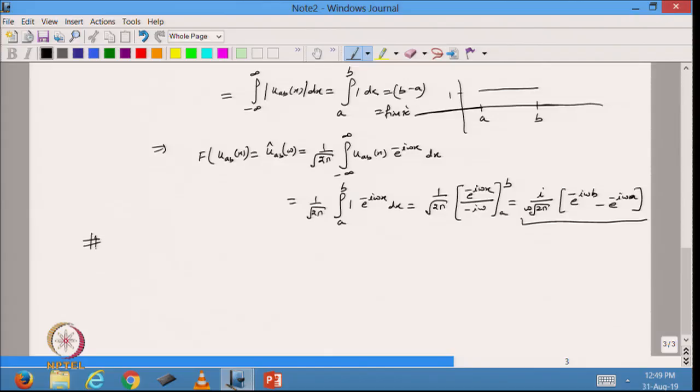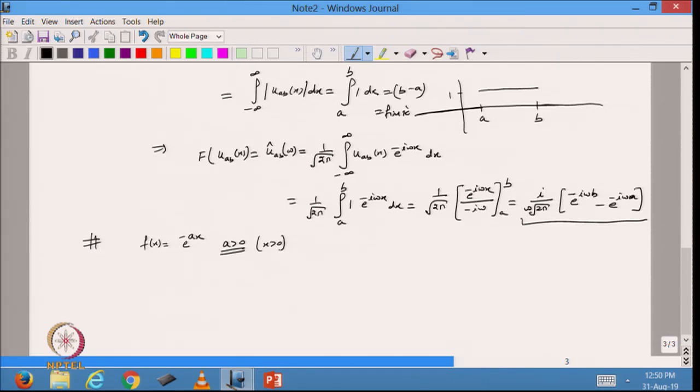Now, what about this function? I take a function f(x) as e raised to power minus ax, where a is positive, and x is also positive.